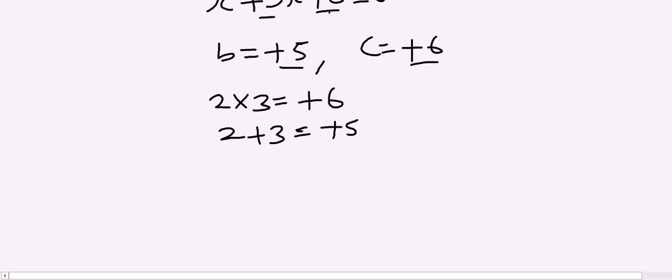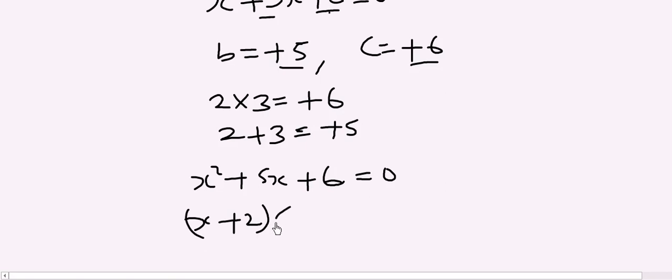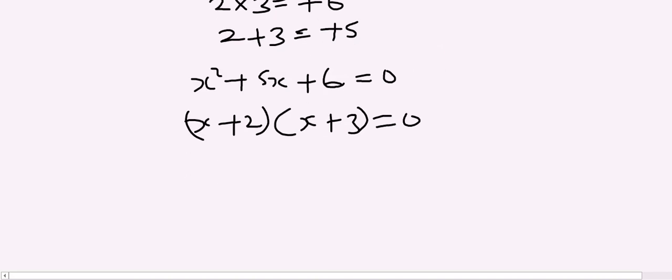So that when we factorize, we simply have that x squared plus 5x plus 6 is equal to 0. Since the factors are 2 and 3, we can say x plus 2 and x plus 3 is equal to 0. So we have two factors multiplying to give us 0.